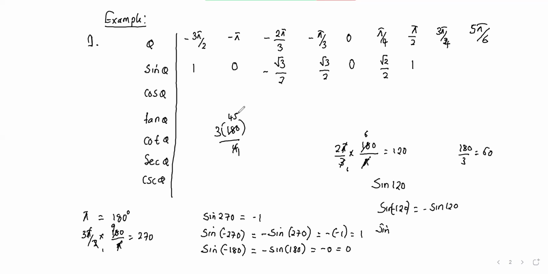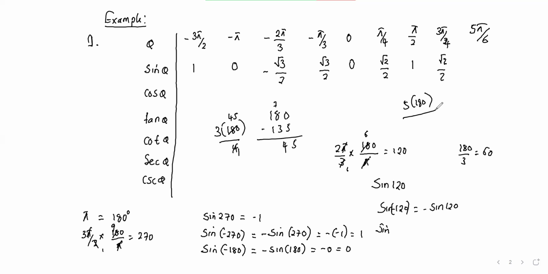So we need the reference angle for 135, which is 180 minus 135. That will be 45. So we know that sine 45 is root 2 over 2. And then 5 pi over 6.